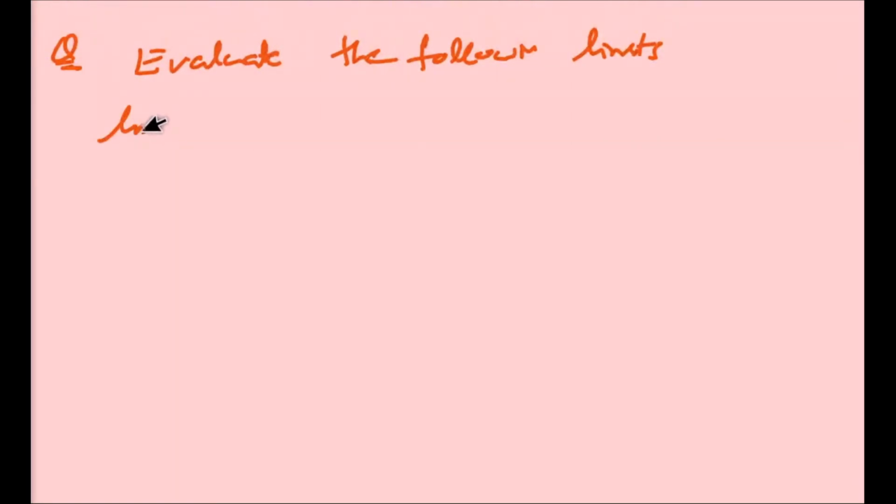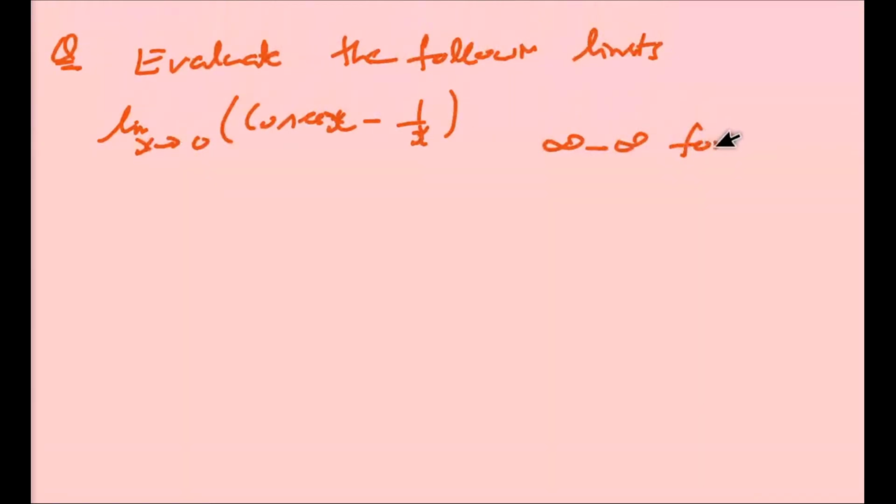Limit x tends towards 0 of (cosec x minus 1 upon x). So you can see here, if we put 0, cosec 0, what is the value of cosec 0? That is infinite, and 1 upon x is infinite. So it is the form of infinite minus infinite. Okay, so we have to change it.